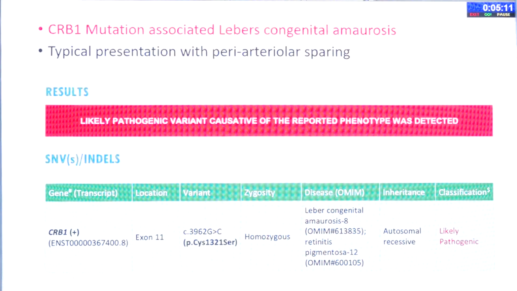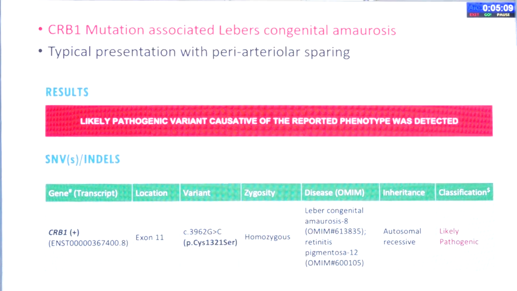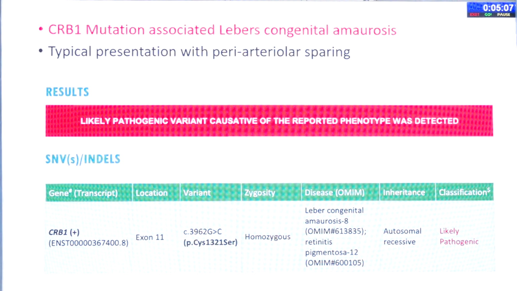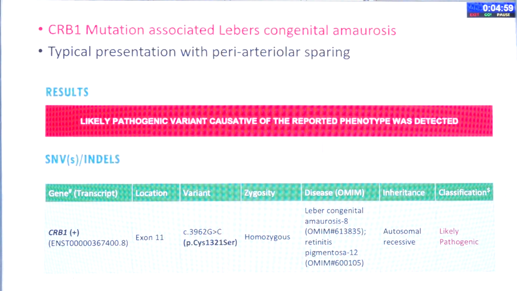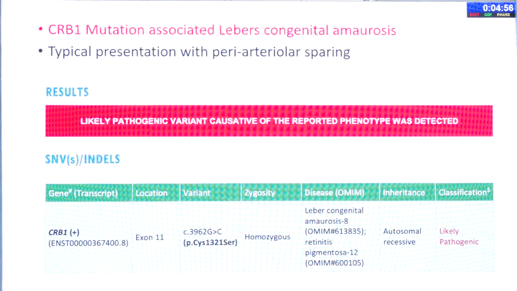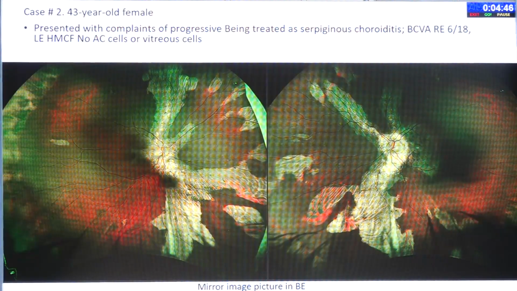So this is actually CRB1 mutation associated Leber's congenital amaurosis. You need to diagnose it, not because you are going to treat Leber's amaurosis, but at least you are sparing your patient unnecessary corticosteroids and immunosuppressants, because you are not diagnosing it as uveitis. So that is a pigmentary lesion.